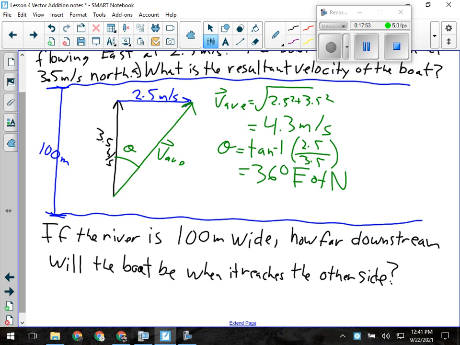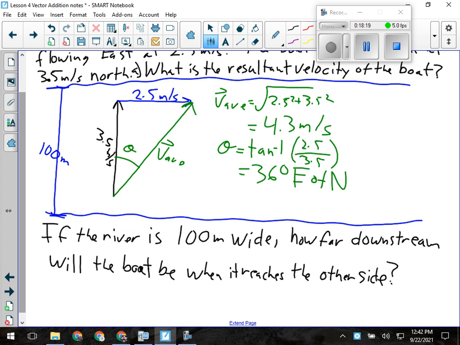Two things are happening at the same time. They happen for the same amount of time. As long as I'm going across the river, I'm also going down the river. So if I can calculate how long I go across the river for, that's also how long I go down the river for. And I know how fast I'm going down the river.